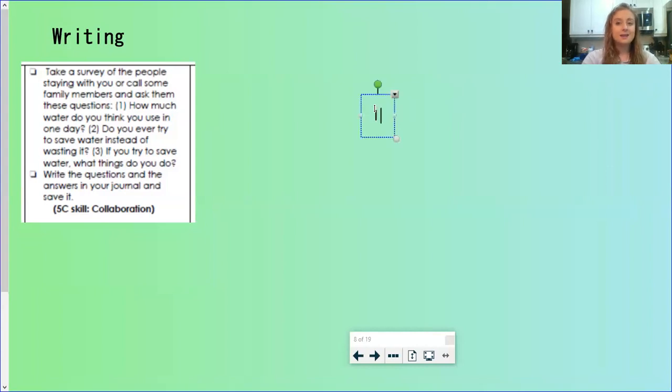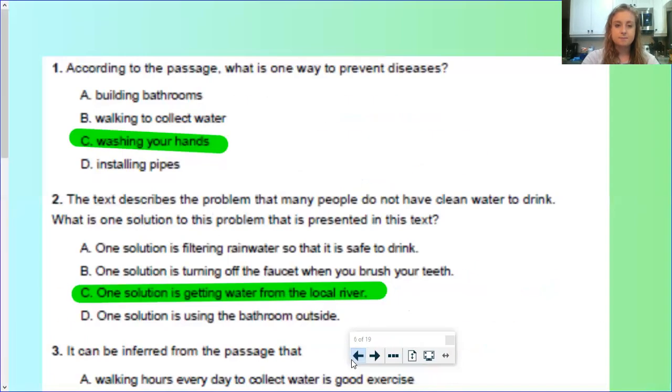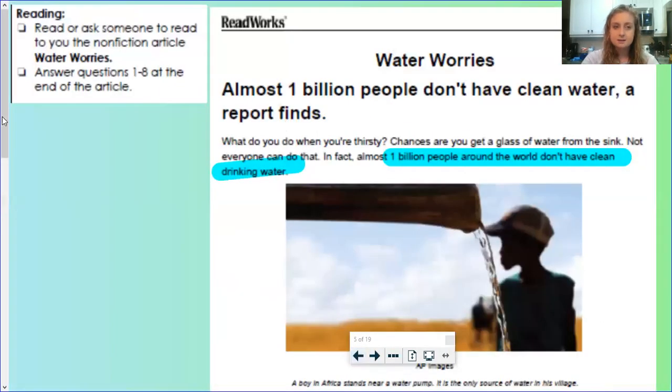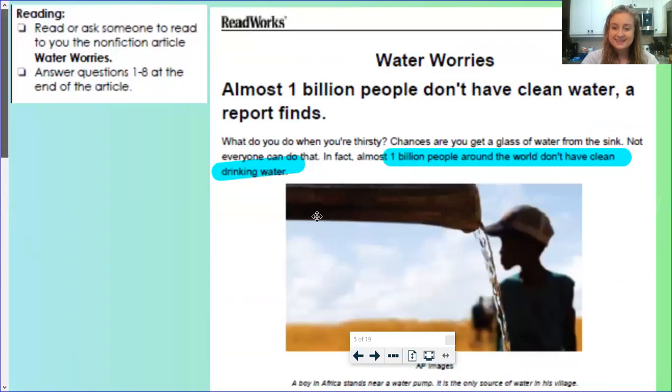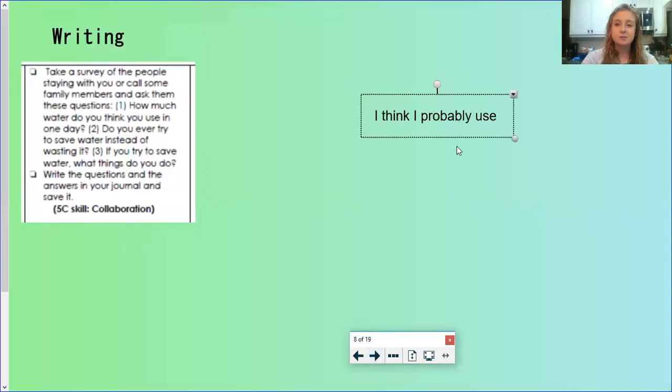So I think I probably use, I'm gonna go back and see how much water they said baths use. 70 gallons of water. Oh my goodness. I would say myself, I probably use over 100 gallons of water a day, which is not good.